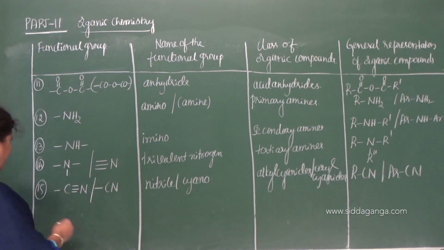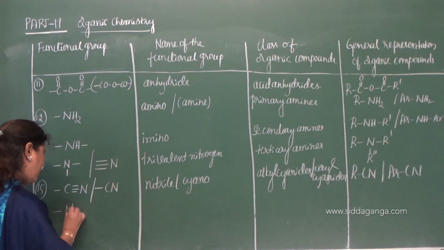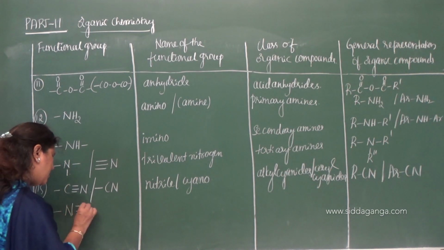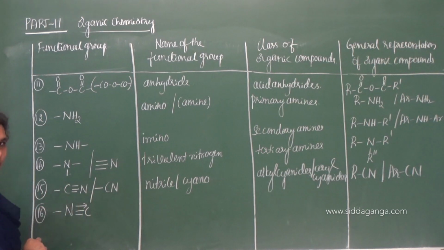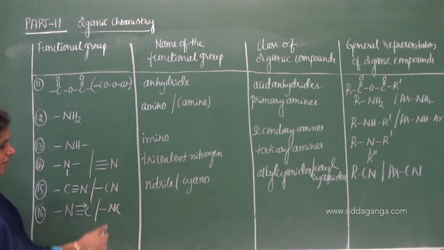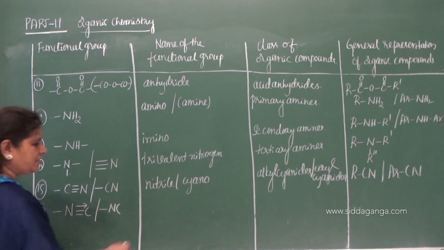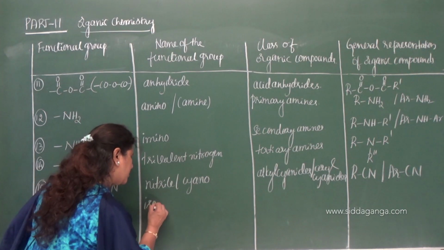And the 16th one is N double bond C, which is a coordinate bond, and you can represent it as NC. This is the reverse of cyano, and the reverse of this is isonitrile.